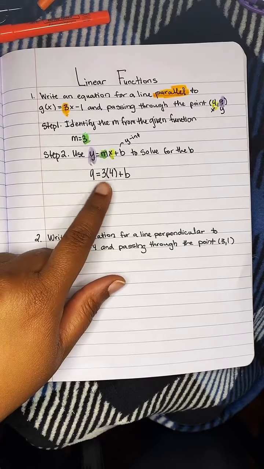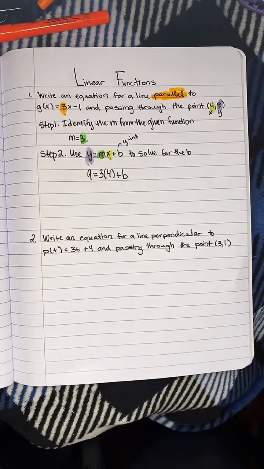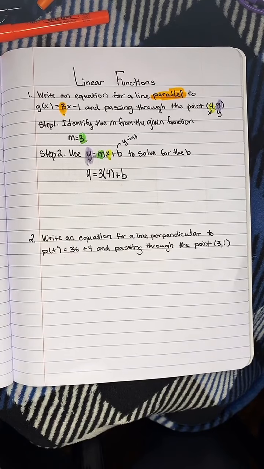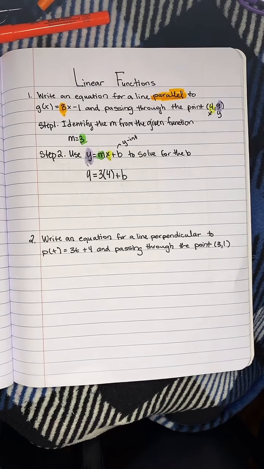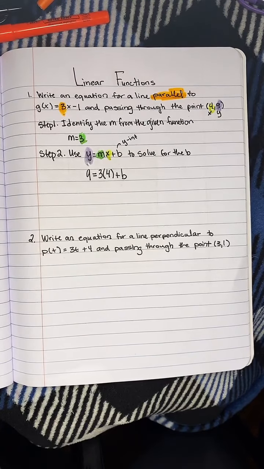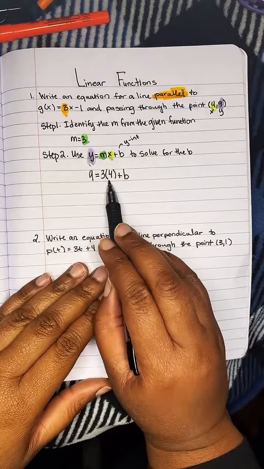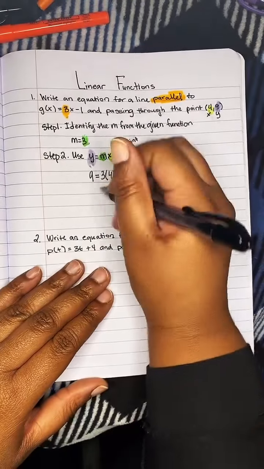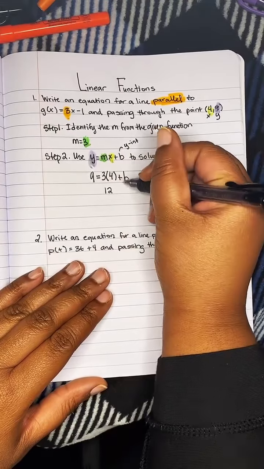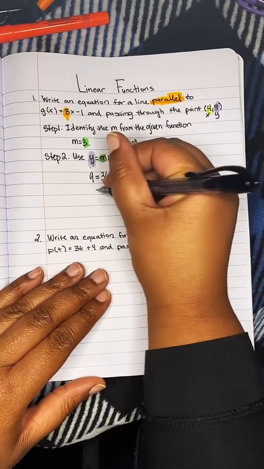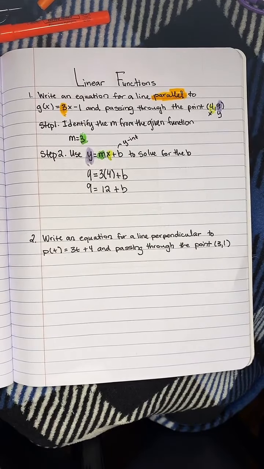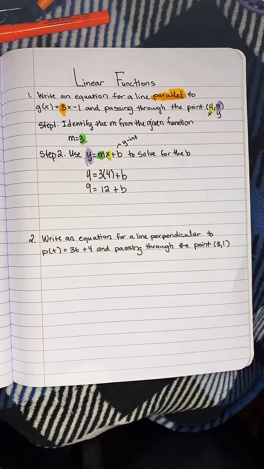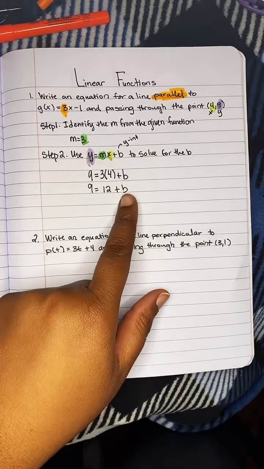Okay, good. So now, how do we solve for b? What do we have to do first? Times. Good. Yes, we have to do this first. So 3 times 4 is 12. Then you just drop down everything else: plus b equals 9. How do we get b by itself?